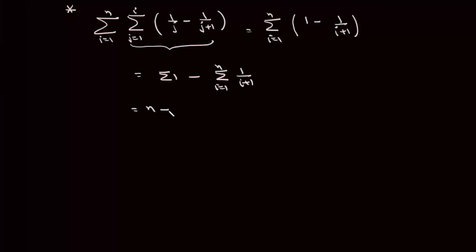Now this is n minus, now this is 1 by 2, 1 by 3, up to 1 by n plus 1. So this is H(n plus 1), but we do not have the first term, so it will be H(n plus 1) minus 1. So this double summation will be n plus 1 minus H(n plus 1), which is your harmonic sum.